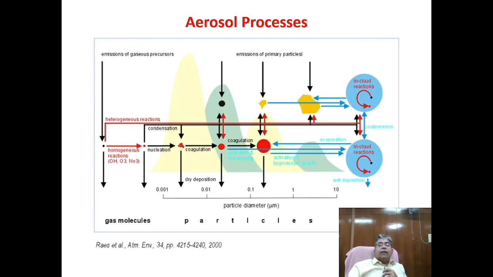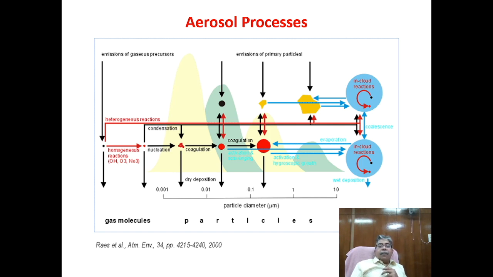Now these aerosols originate from different processes, whether from gas to molecule conversion or from condensation of very small particles, which is called nucleation, very small particles around which other particles or moisture can accumulate. Those are small size particles in the range of 0.01 micrometer. So these are the nucleated particles, or sometimes they are also formed because of condensation.